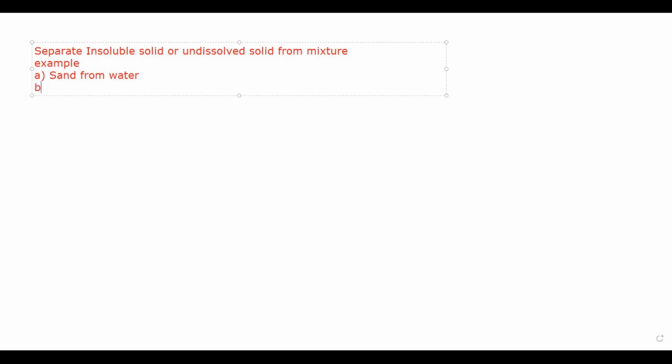We want to separate silver chloride precipitate. The term precipitate is used for a solid which is formed when two solutions are mixed together. This is a scientific term, or you can write PPT as well. So the term silver chloride precipitate here refers to that silver chloride is in a solid form.